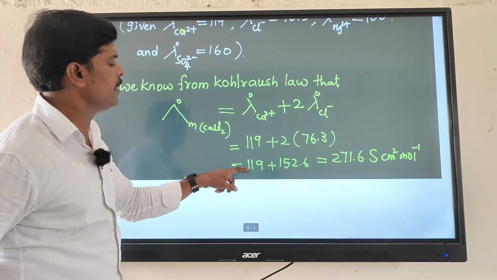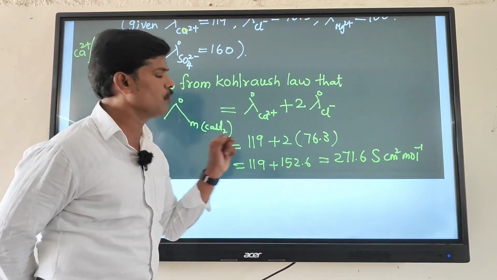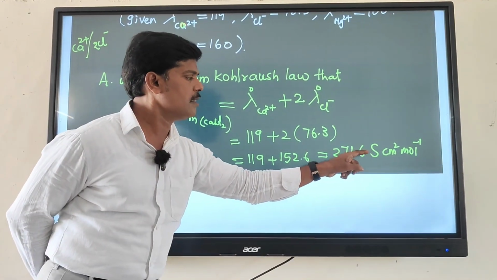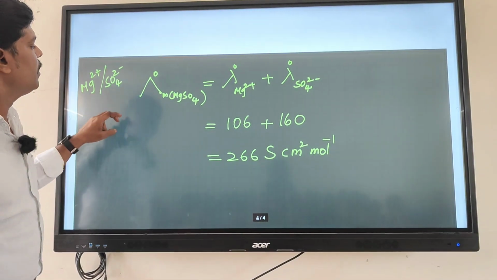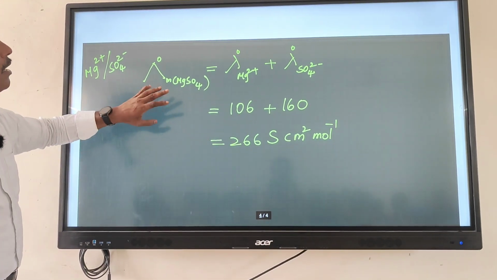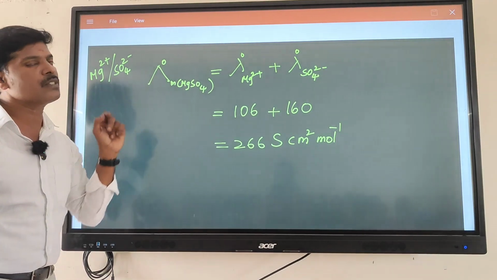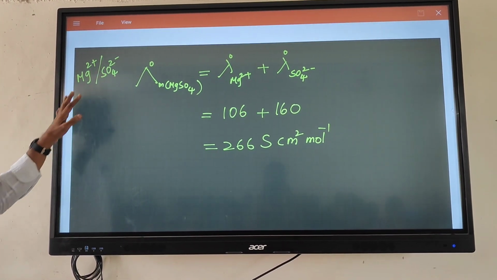So 119 plus 2 into 76.3, we get 152.6. If you add these two we get 271.6 Siemens centimeter square mole power minus 1. And we need to calculate this value also, lambda m naught MgSO4, that means magnesium sulfate molar conductivity at infinite dilution.